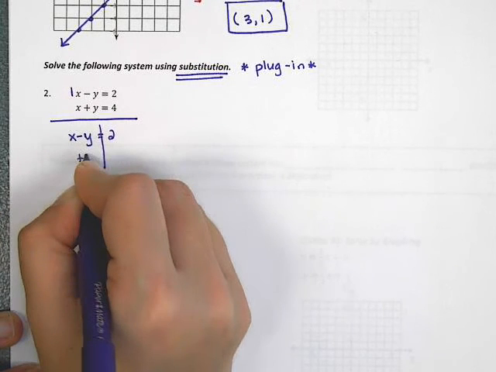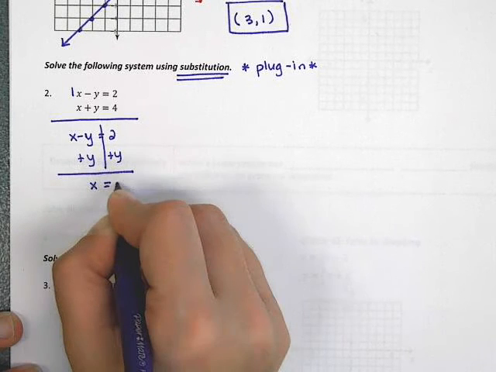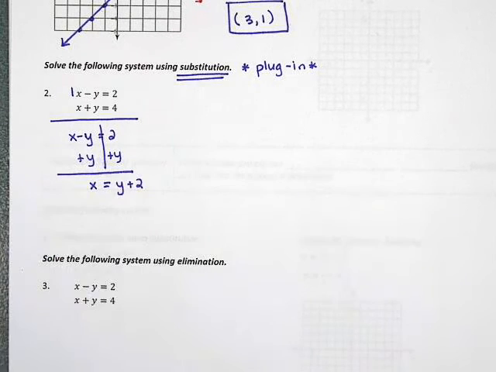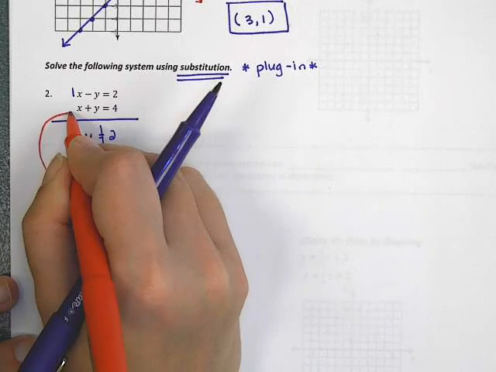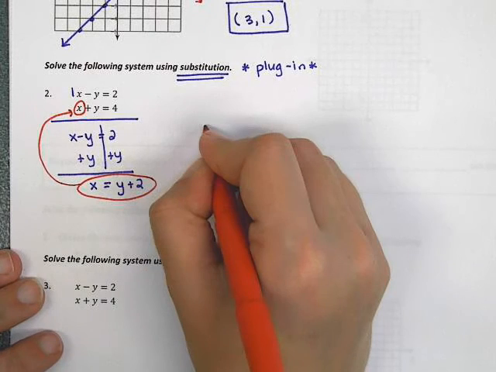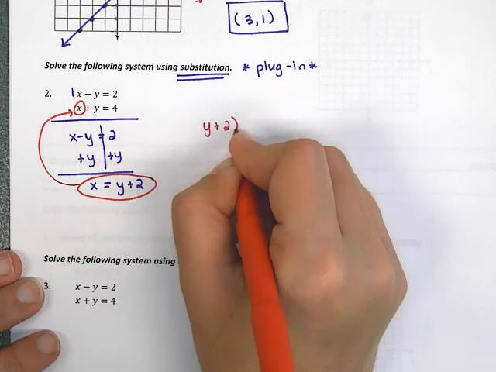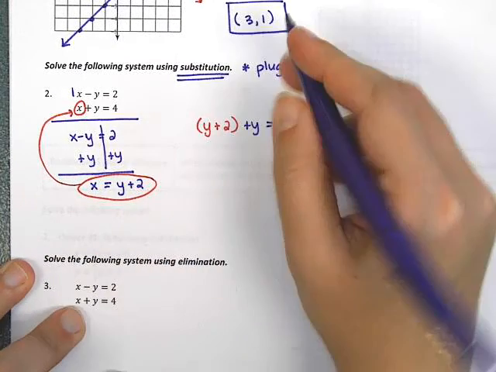I'm going to add the y on both sides, and I'm going to get x equals y plus 2. Now I'm going to take this equation, I'm going to find the x in the other equation, and I'm going to replace that x with y plus 2. So I'm going to have y plus 2 plus y equals 4.